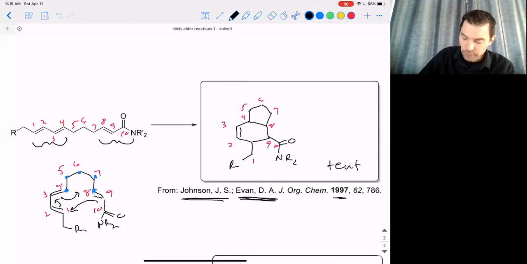And now looking at it, let's just talk this one out loud. So here's my frame of reference in my butadiene group. And it looks like this is a trans double bond. And it looks like this one is a trans double bond. And so whatever stereochemistry this group has, this group's going to have that same stereochemistry. And let's just pick wedge because it's a little bit easier to draw.